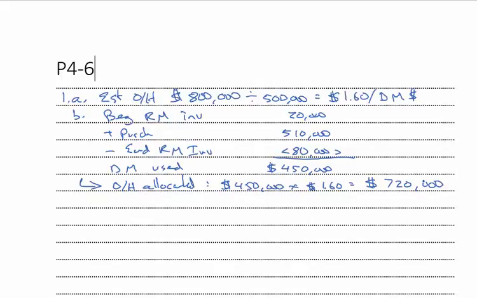Okay, now it does say in the problem, I should have picked up on this, purchase of raw material all direct. So we don't have to worry about trying to back out indirect material out of this calculation here. So that's what was allocated.